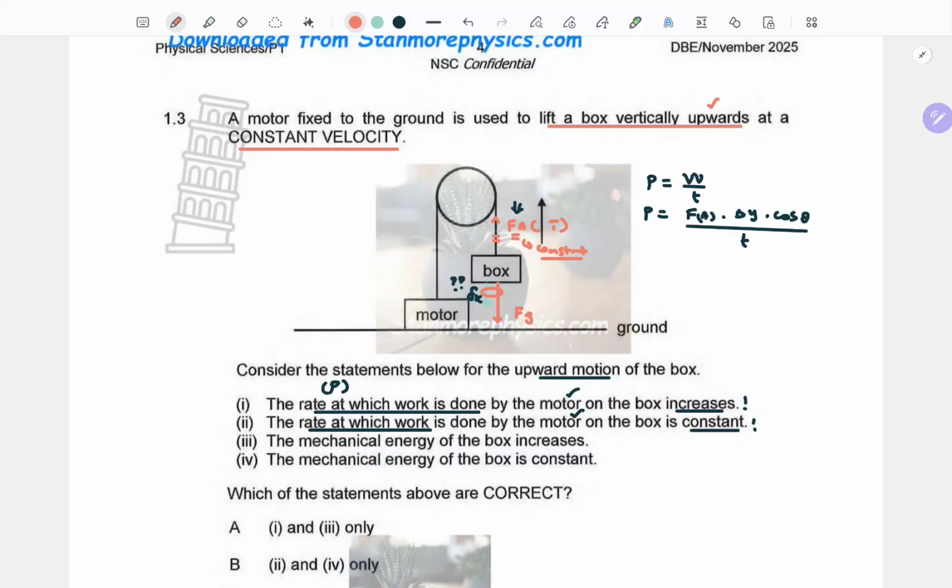Okay, it's not changing. Sometimes I use this symbol to show this, but usually this is a sign of a vector. But we can safely say, let's imagine this symbol represents the constant nature of this force. But definitely the displacement, as this object is moved upward, will increase, isn't it?